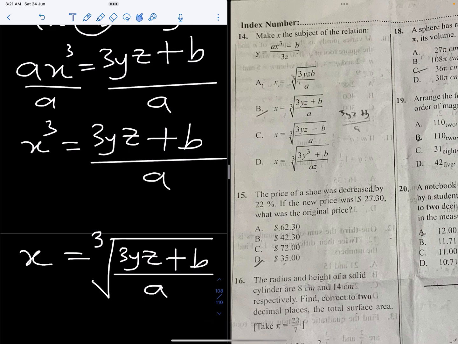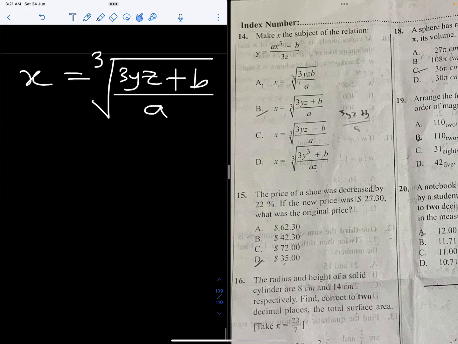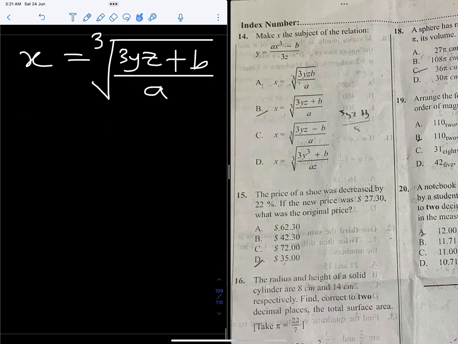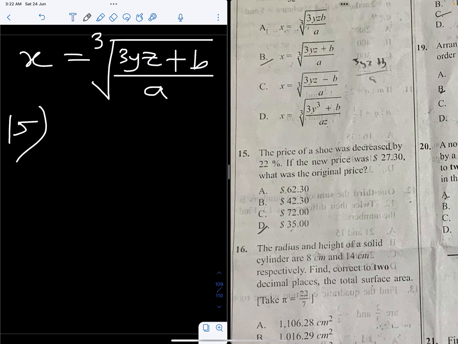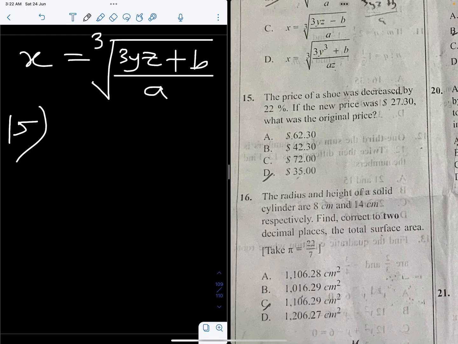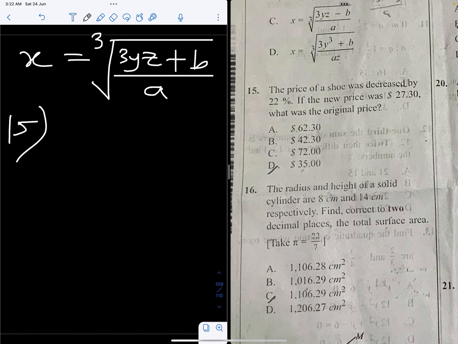Now we go straight to the next, which is number 15. The price of a shoe was decreased by 22%. If the new price was $27.30, what was the original price? Okay, the price was decreased by 22%.